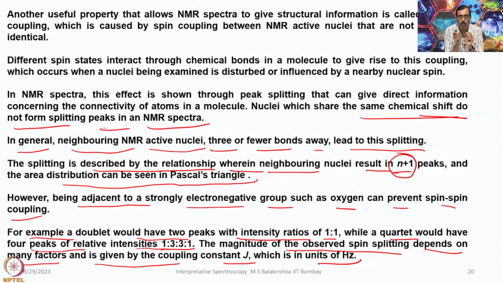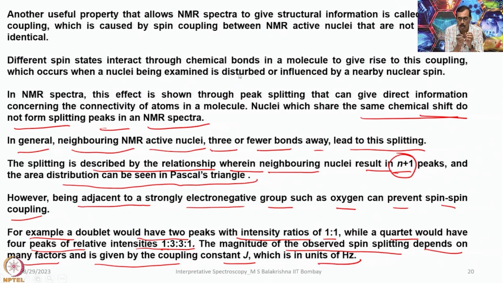That means if two carbon atoms are connected by a bond or two, in that case protons present on both the carbon atoms interact, provided they are in different chemical environments. In NMR spectra, this effect is shown through peak splitting that can give direct information concerning the connectivity of atoms in a molecule.